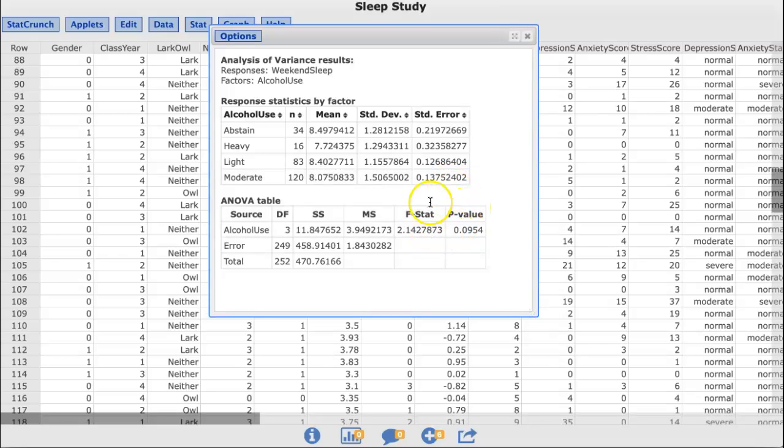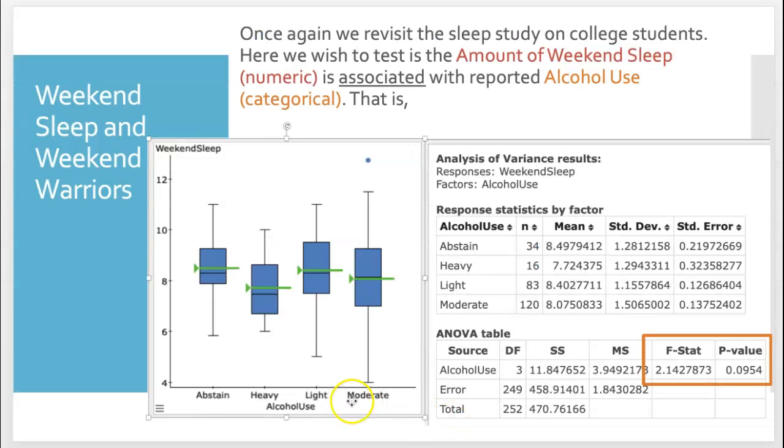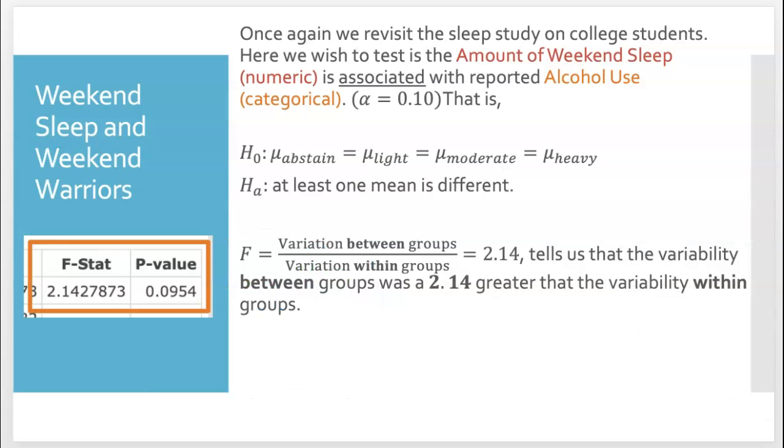All right, so remember this F statistic. It gives us the variation between groups over the variation within groups. This value is 2.14. What that tells us is that the variability between groups was 2.14 times greater than the variability within groups.